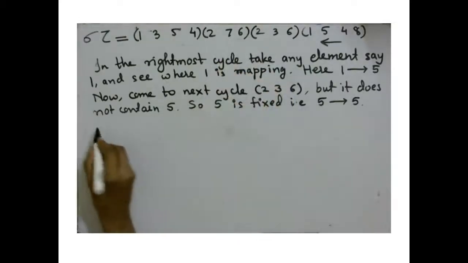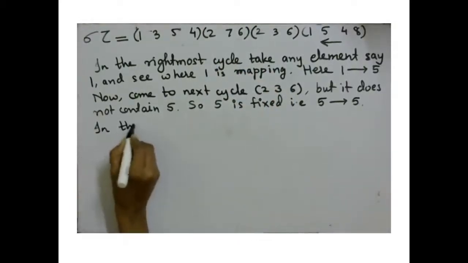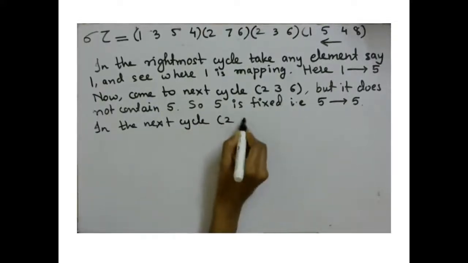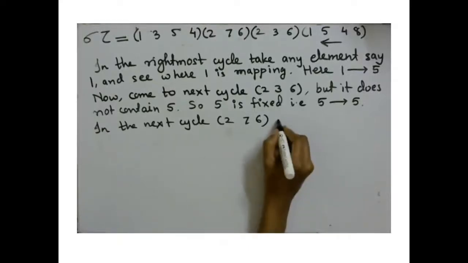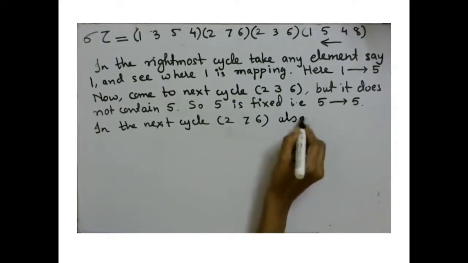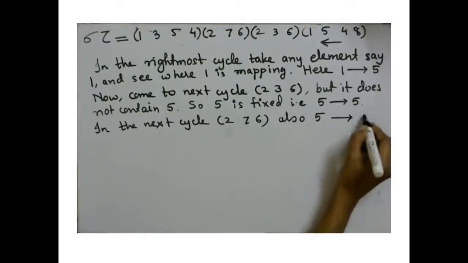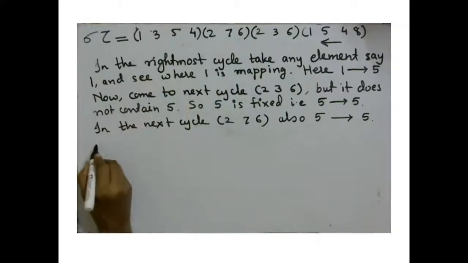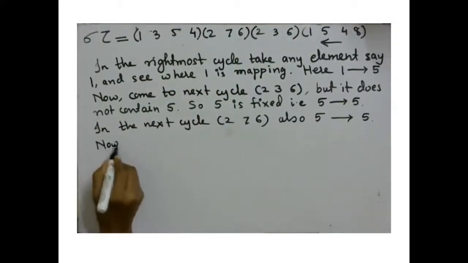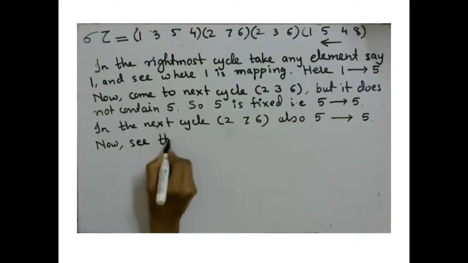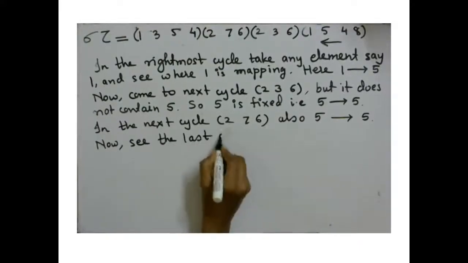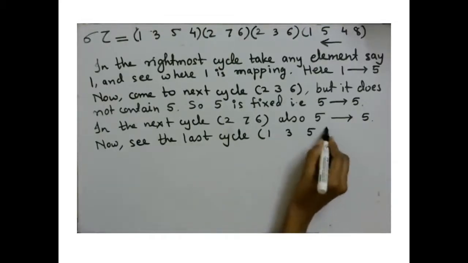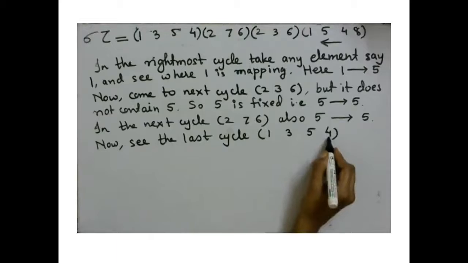Now come to the next cycle, (2, 7, 6). In this cycle also 5 maps to 5 because 5 is not present there. And now come to the last cycle. So what do you observe in the last cycle (1, 3, 5, 4)? That 5 is mapping to 4.